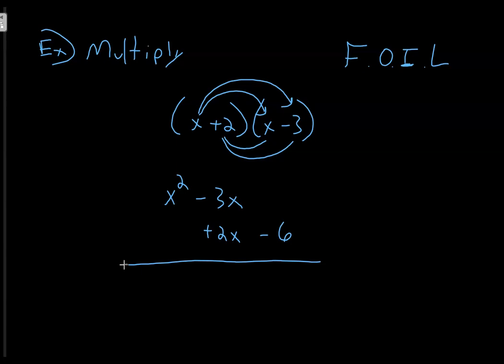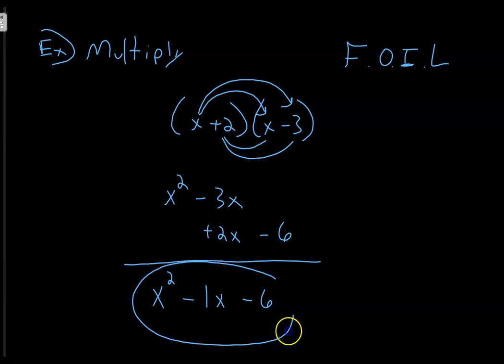When I combine those, x squared comes down because it has no like terms. Negative 3x plus 2x is negative 1x. Subtract 6 has no like terms. So that product is x to the second, subtract 1x, subtract 6. And that's called FOIL: first, outer, inner, last. We'll talk more about that in class though.